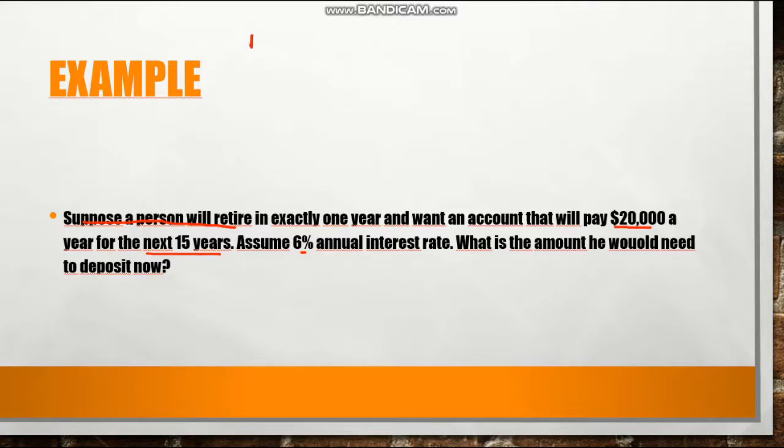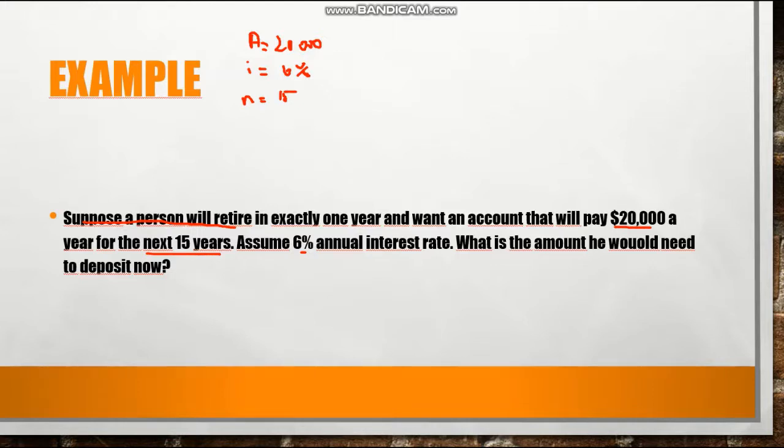So A for 15 years is $20,000 and the interest rate is 6%. As we said, the number of periods is 15 years, right?